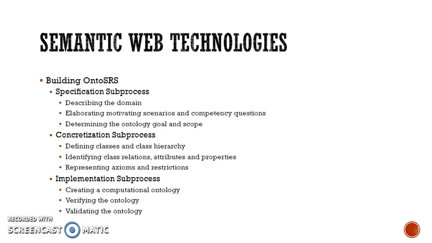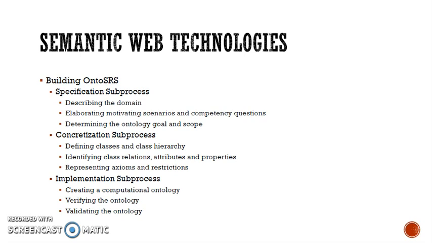Next is the concretization subprocess, which is defining classes and class hierarchy, identifying class relations, attributes, and properties, and representing axioms and restrictions. Next is the implementing subprocess, which is creating a computational ontology, verifying the ontology, and validating the ontology.